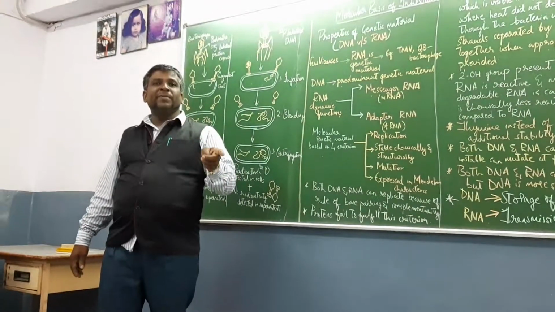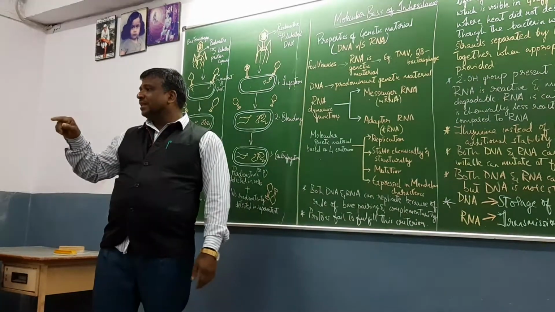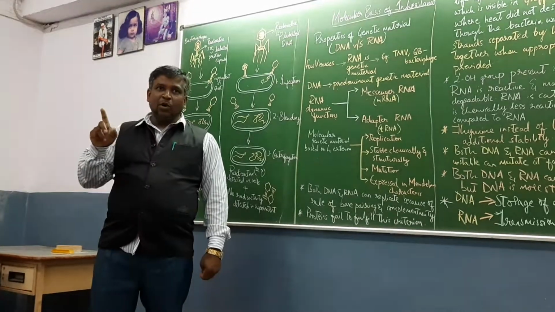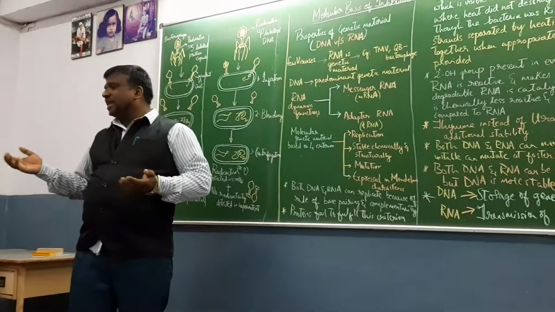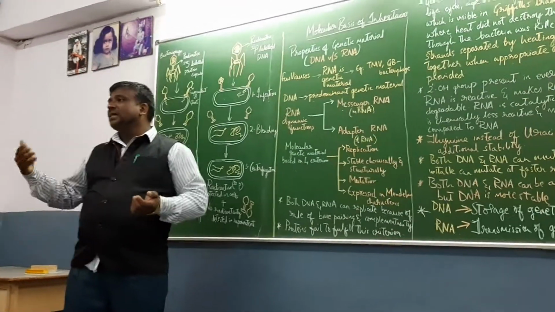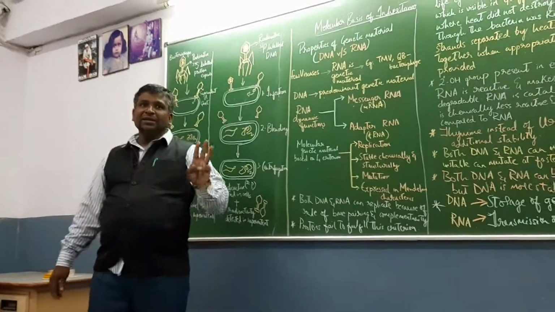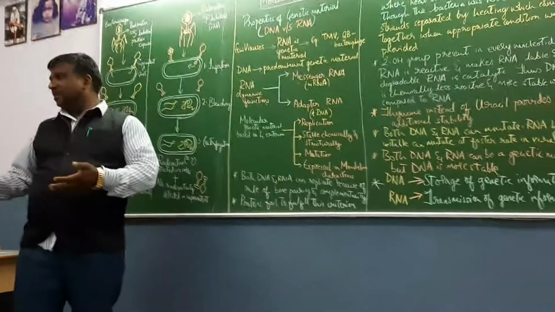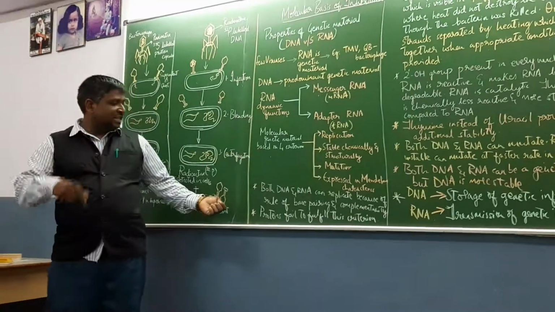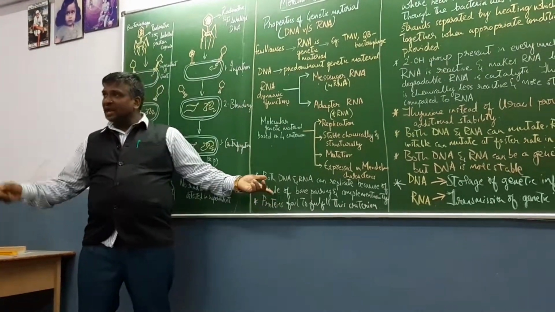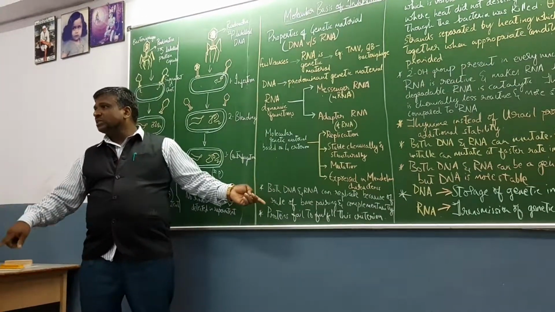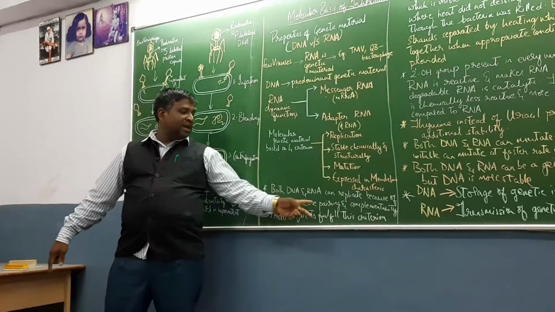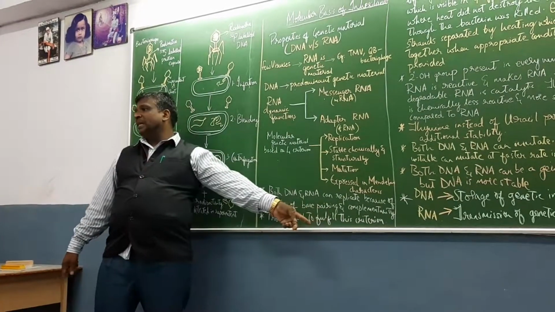Adenine always base pairs with uracil, and the bond is a double bond. Cytosine base pairs with guanine, and the bond is a triple bond. RNA has that too. So both DNA and RNA can undergo replication because they follow the rule of base pairing and complementarity.